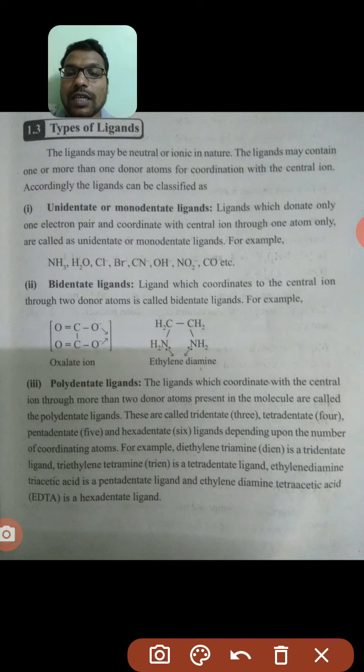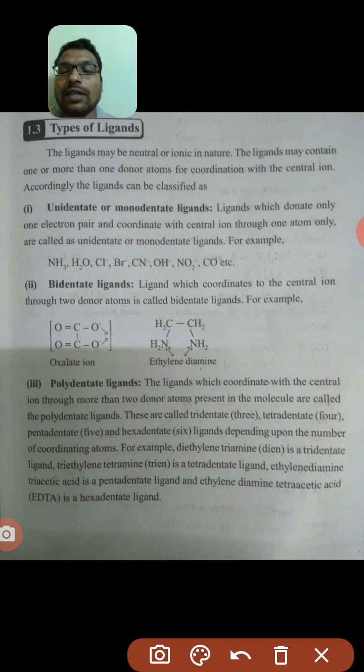Okay. Suppose we'll take an example as diethylene triamine. Total how many ethylene groups are there? Two ethylene groups. How many amines are there? Three amines. Diethylene triamine. I will write the structure of that.